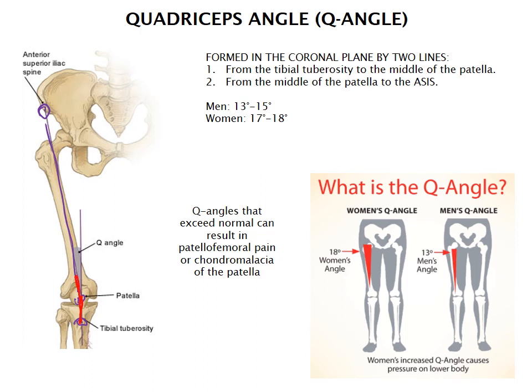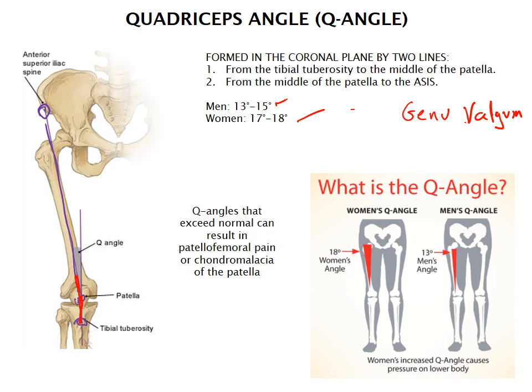And that Q angle in men should be roughly 13 to 15 degrees, and in women should be roughly 17 to 18 degrees. So who has a bigger Q angle? Of course, women should have a slightly larger Q angle. So Q angles that exceed that angulation on either men or women, that's called genu valgum.